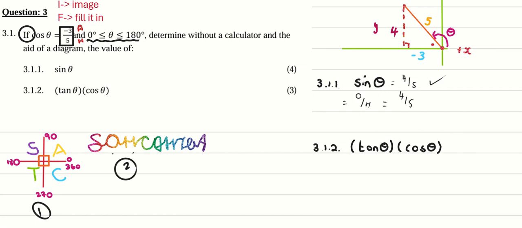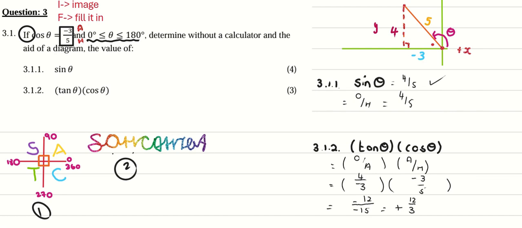The next one, the product between tangent of theta and cosine theta. So you know that tangent is opposite over adjacent, and cosine is adjacent over hypotenuse, and so we just need to substitute these values. So tangent would be 4 over negative 3, and cosine would be negative 3 over 5, and then we multiply this out to get negative 12 over negative 15, which we can simplify to a positive 12 over 15.